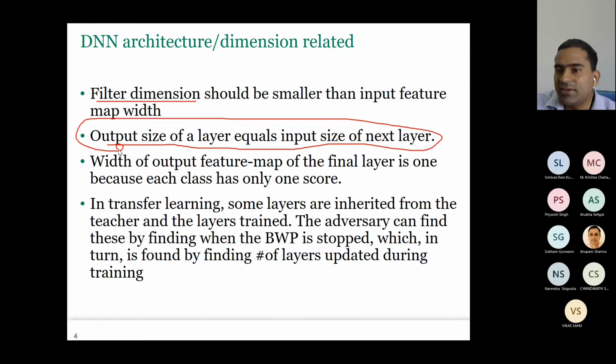That is very obvious. The width of the output feature map of the final array is 1 because each class has only one score. The transfer learning point I will skip.